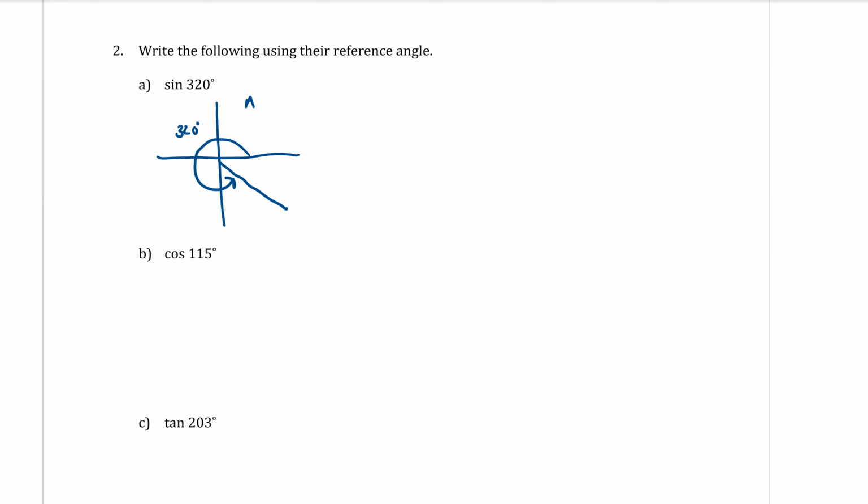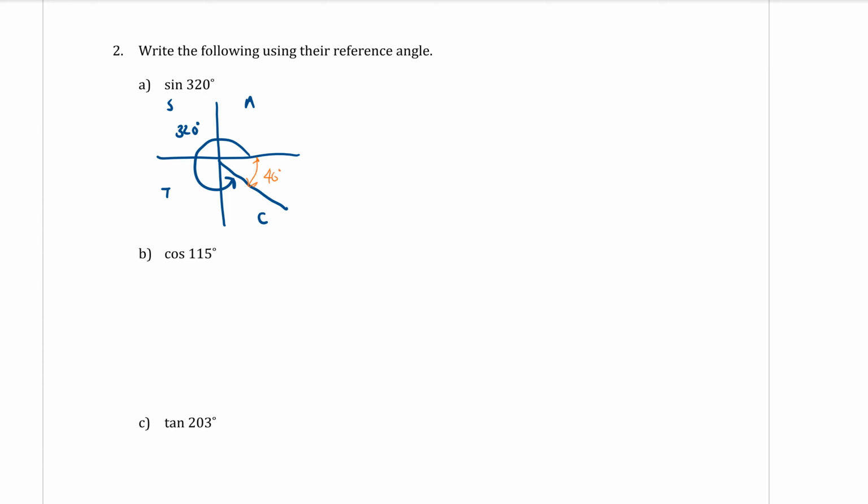All stations to central. To find the acute angle, you always are finding the angle to the closest horizontal. So for this one, we want to find that angle in there. So we would do 360 minus the 320, which is going to be 40 degrees.